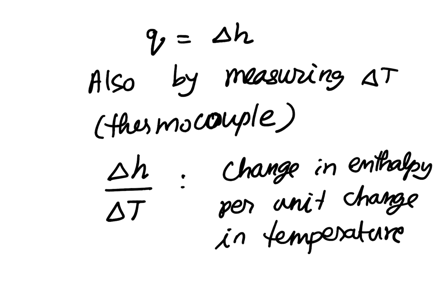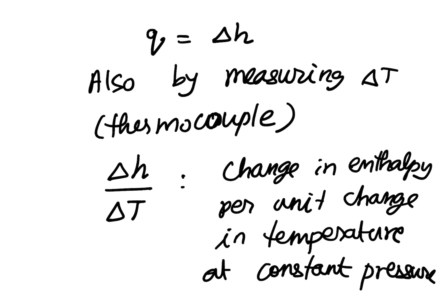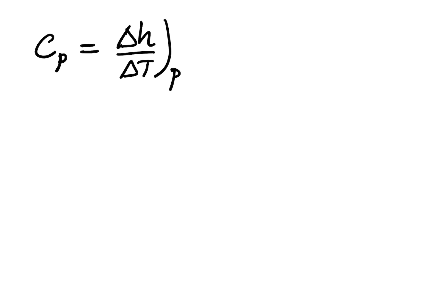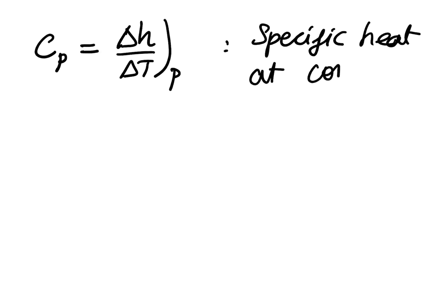And this experiment, remember, is being carried out at a constant pressure. Okay, so we are calculating delta H divided by delta T at constant pressure. We define this quantity as the specific heat measured at constant pressure. This is the specific heat at constant pressure.